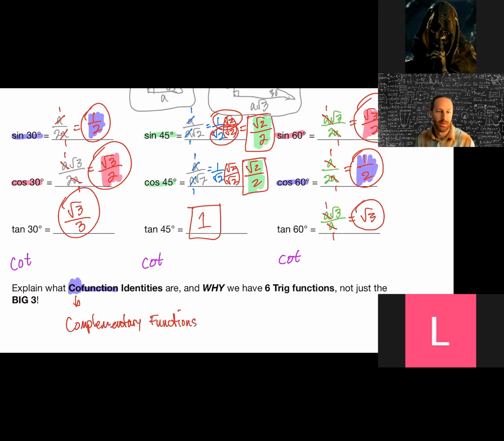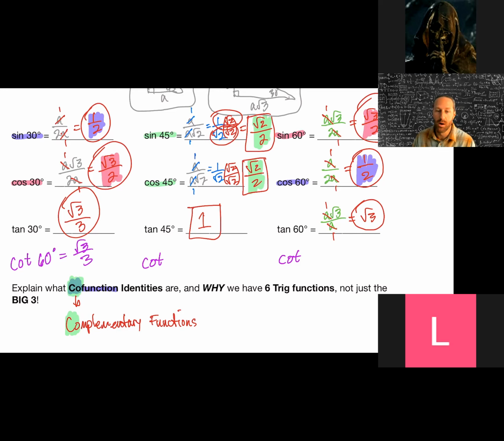Complementary functions, which means tangent and cotangent are also complementary functions, which means what else would be equal to √3/3 besides tangent of 30? The cotangent of 60. Very good.